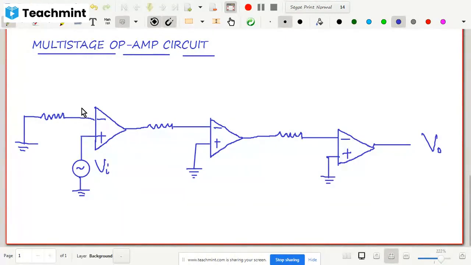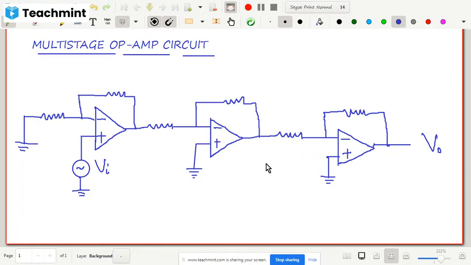Okay, so there will be a feedback resistor here. Similarly, I will have another feedback resistor here. And similarly I will have another feedback resistor here. Yeah, so this is your circuit. Now you can design your circuit in this way also, multi-stage. You are connecting different stages from one stage to another stage.